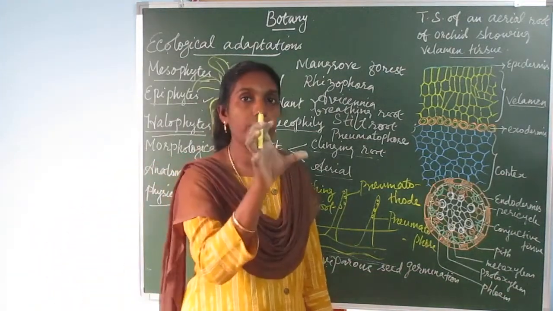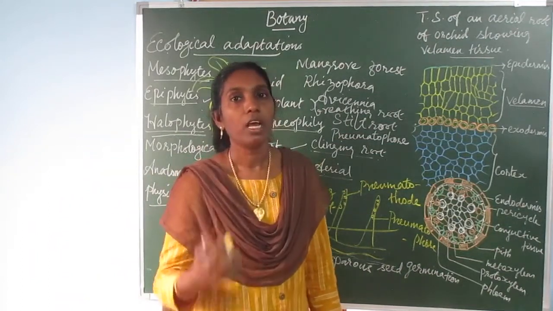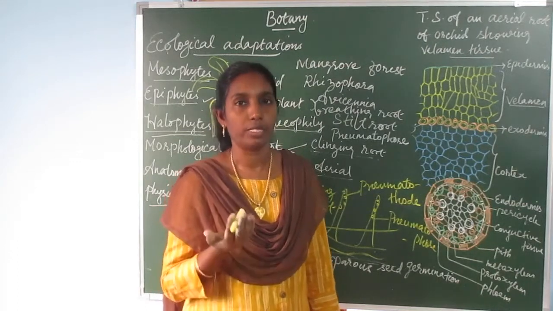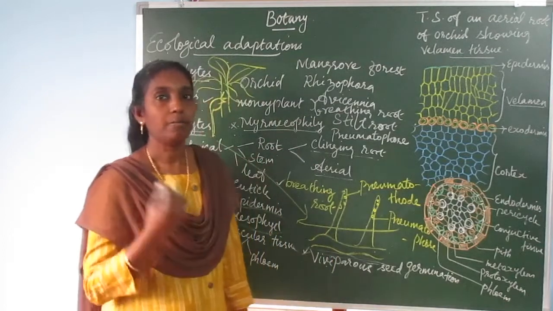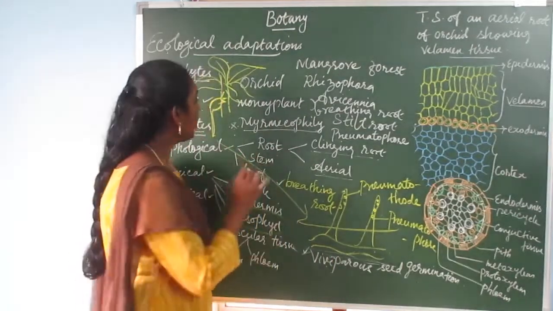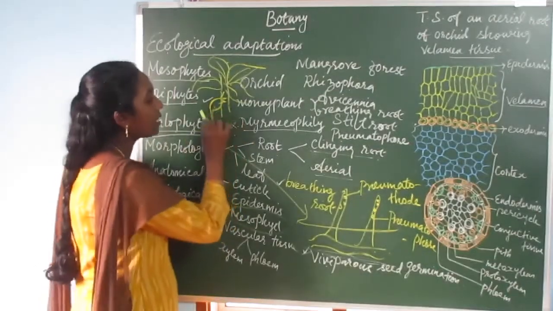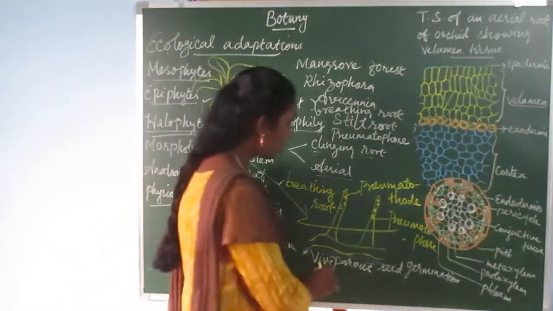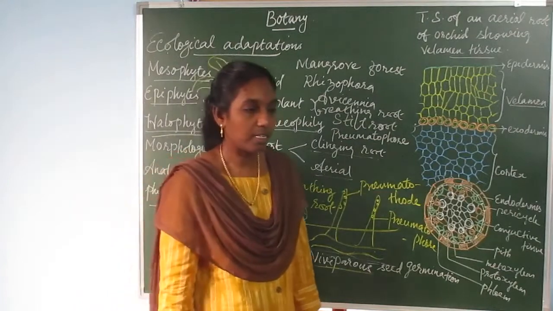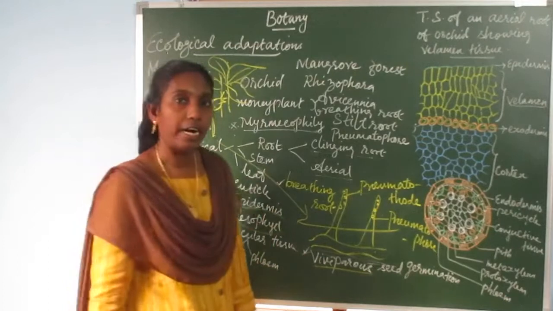As soon as it falls down in the mud, it immediately grows. It develops the stem, the root and the remaining parts. The radicle is already developed within the fruit itself. This type of seed germination is called viviparous. And this is the morphological adaptations.